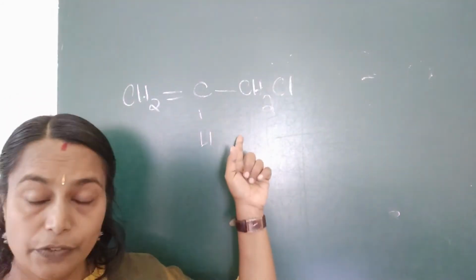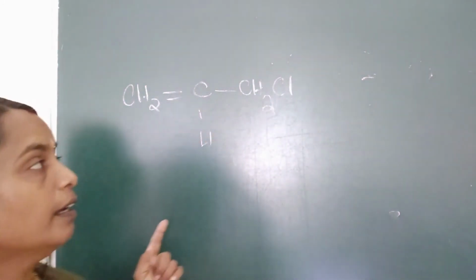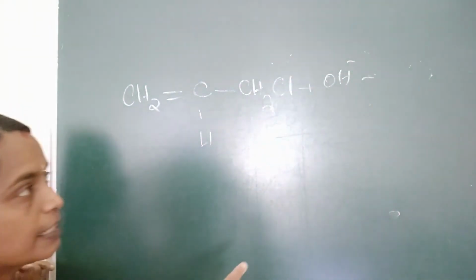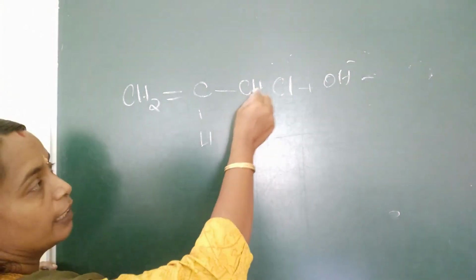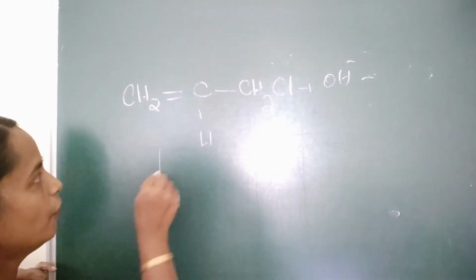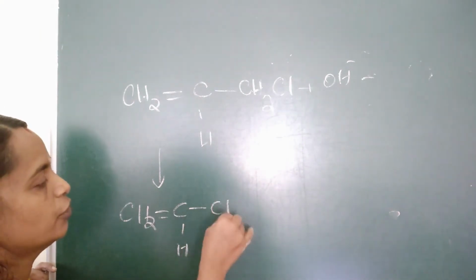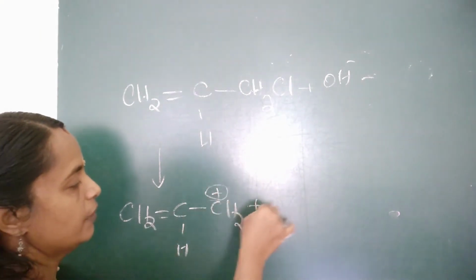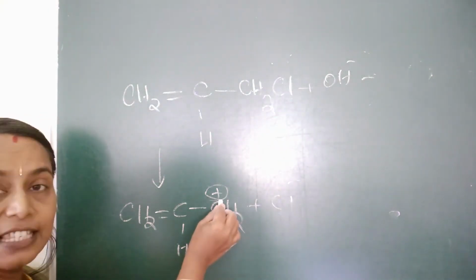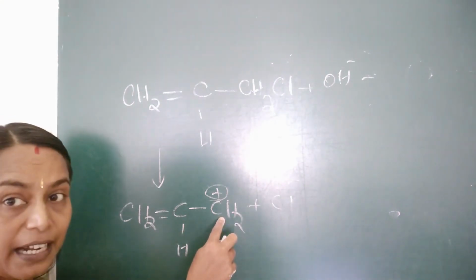For example, in the case of allylic chloride reacting with a nucleophile OH-, first the carbon-chloride bond is cleaved to form CH2=CH-CH2 with a carbocationic site, the chloride leaving. This carbocationic site is stabilized by the resonance effect.